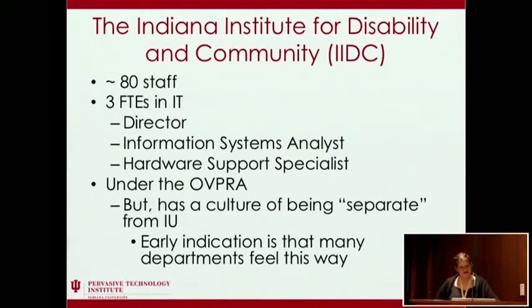There are about 80 staff members and 3 IT people. So they've got a lot to do. Much like a lot of smaller IU departments, they feel that even though they're part of IU, they're their own separate entity. And so that was a real challenge for them in centralizing.